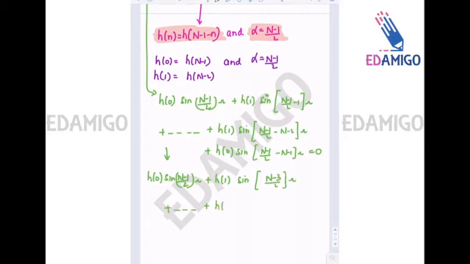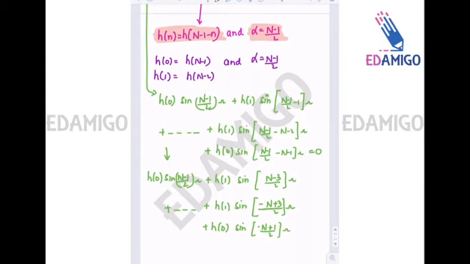The second last term will be sine of minus n plus 3 divided by 2 sigma, and the last term will be h0 sine of minus n plus 1 divided by 2 sigma.